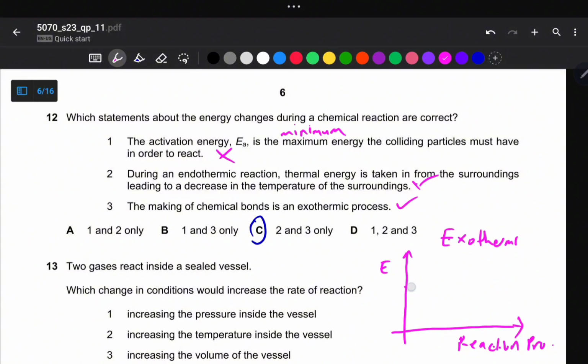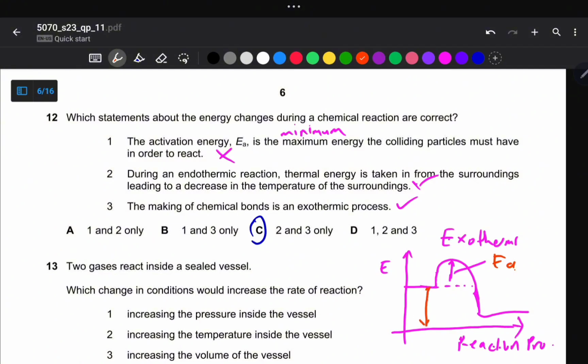So let me draw it for you. I know my drawings are not that good, but you need to be patient with me, guys. Like this, and this one is our activation energy, and here is the energy change.